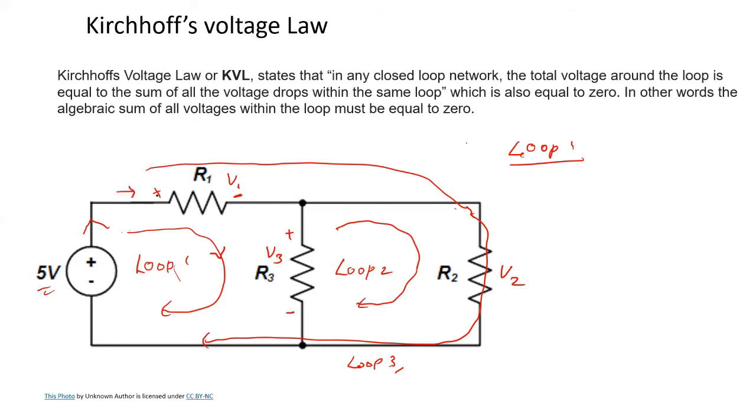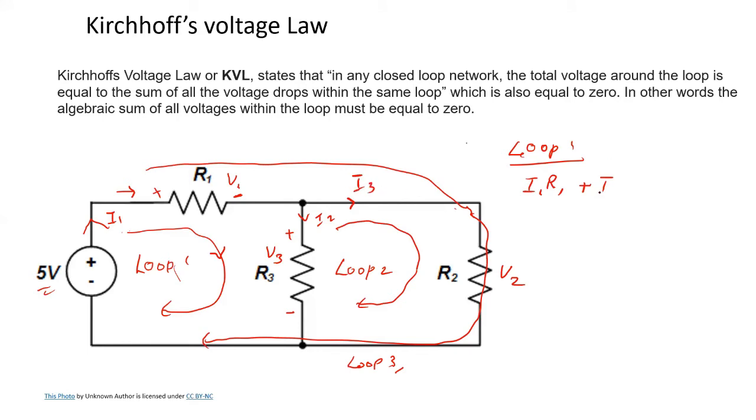The first one is R1. Let's say the current is I1. So I will write I1 into R1. Again, I encounter plus and minus, so again I will write plus. Let's say here it is I2, and this is my I3.